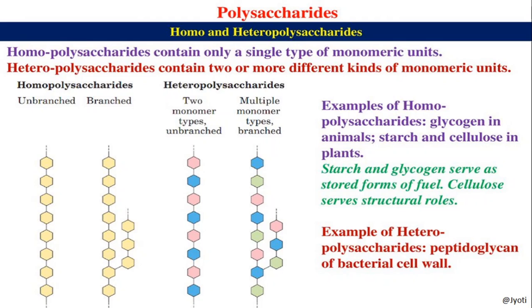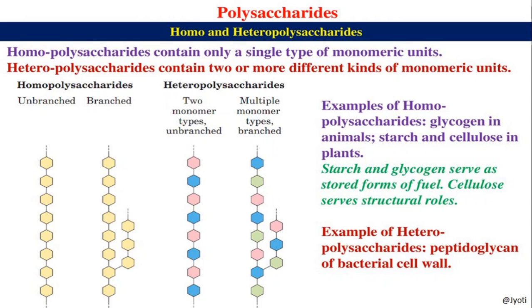Now we'll discuss the classification of polysaccharides. The polysaccharides are basically classified into two types, that is homo and hetero polysaccharides. Now what is homopolysaccharide? The homopolysaccharide contains only a single type of monomeric unit. That means suppose we are taking starch, then that starch is composed of only glucose units.